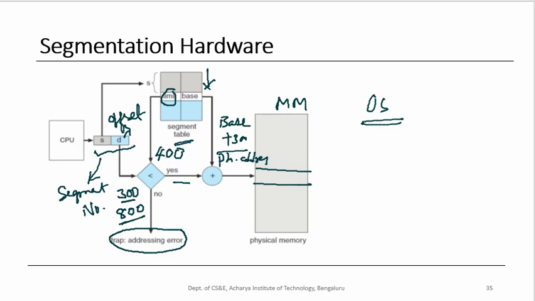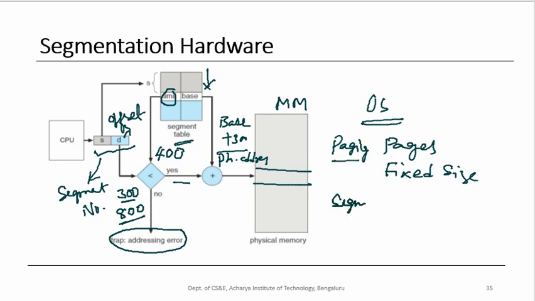The main difference between paging and segmentation is that in paging we divide the program into pages of fixed size, whereas in segmentation we divide the program into segments, and segments are of different sizes, variable size.